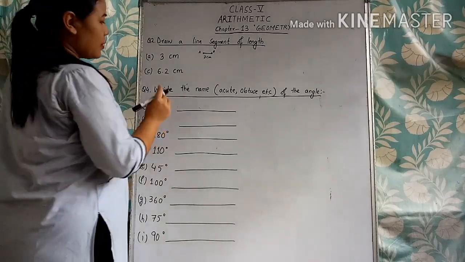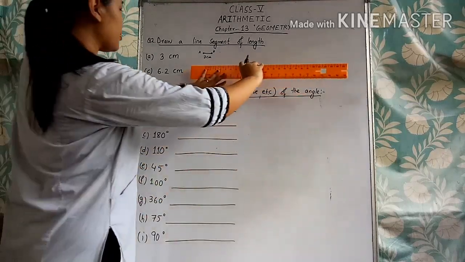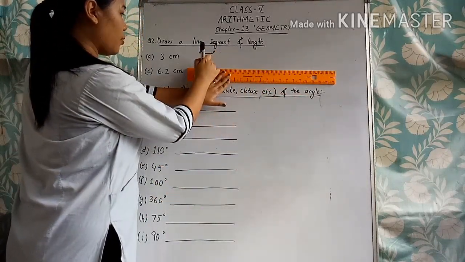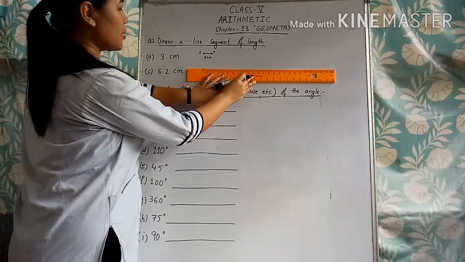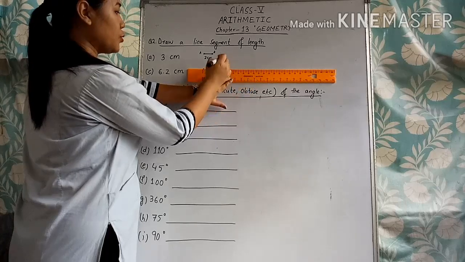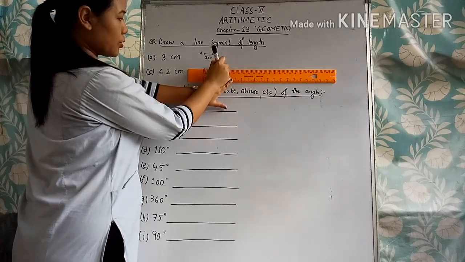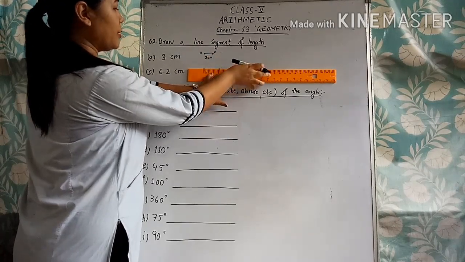Next is 6.2 centimeter. In the same way, place your scale, mark at 0 point in your scale, then 6.2. This is 6, then you count 1, 2. So this is 6.2. Put a point there.